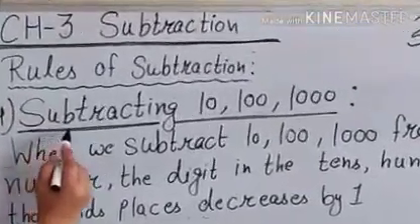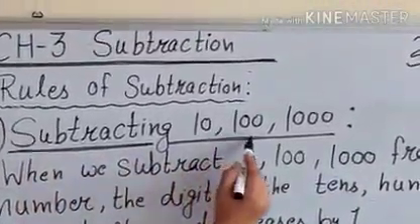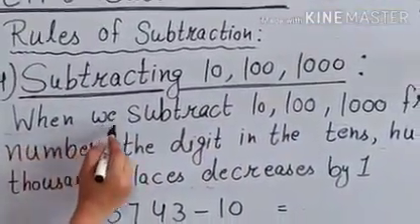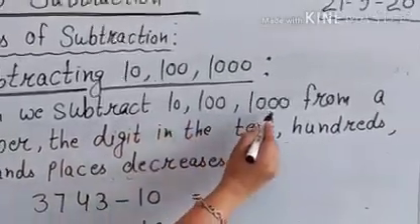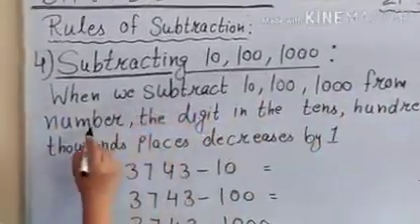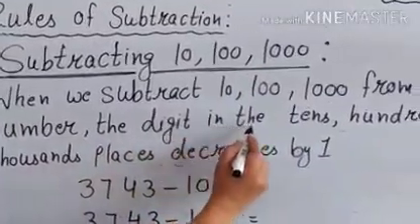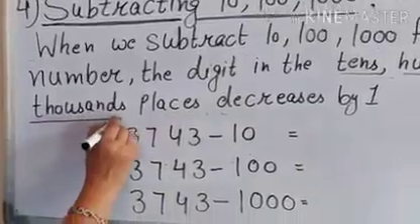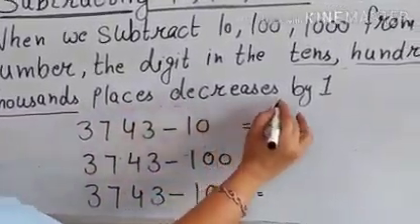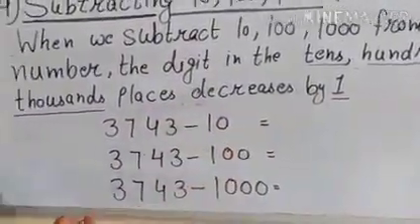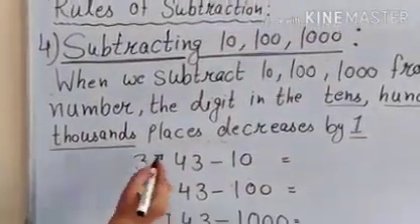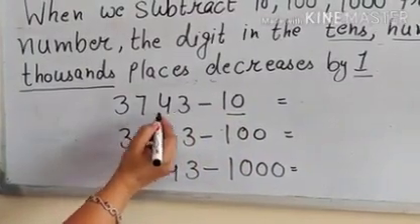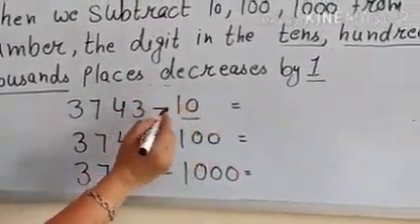See the next rule, subtracting 10, 100, 1000. Now see, when we subtract 10, 100, 1000 from a number, the digit in the tens, hundreds, thousands places decreases by 1. Let me explain this. If we subtract 10 from that number, then what will be the answer?